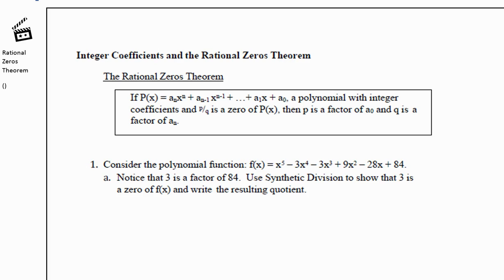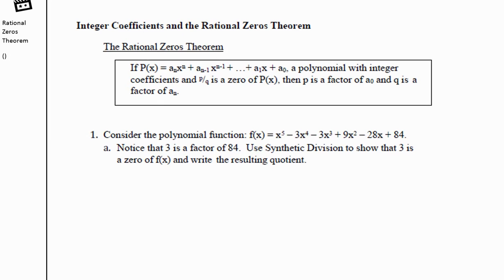Okay, so what this means in theory is that you could write out all the possible ones and then actually find some.